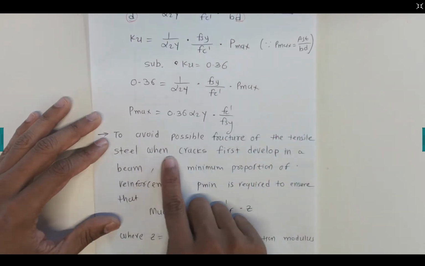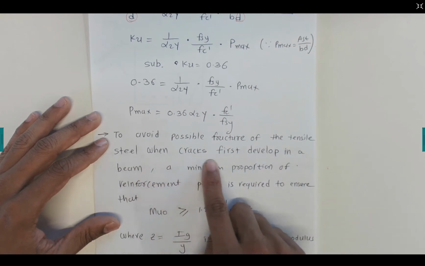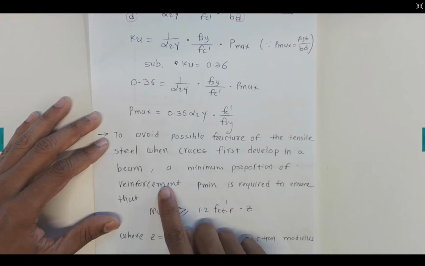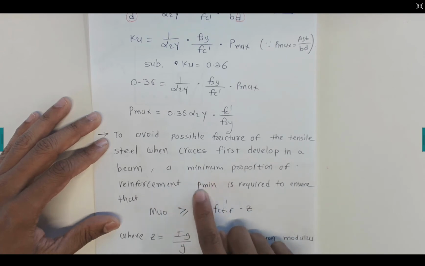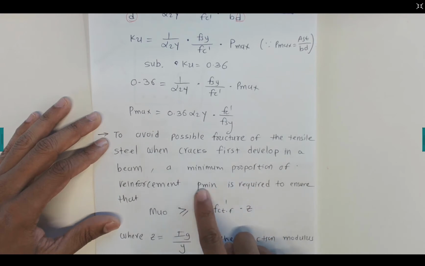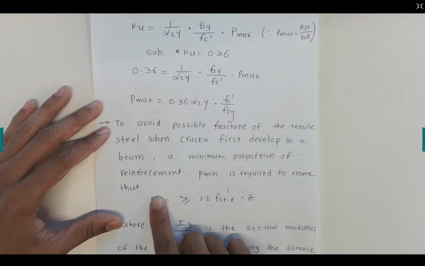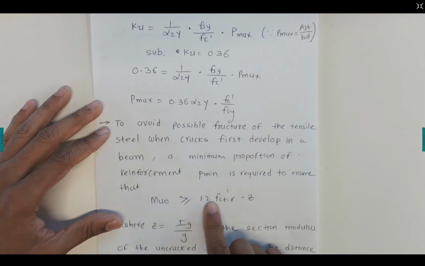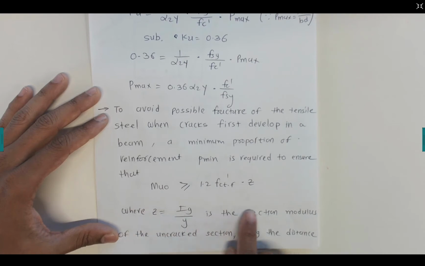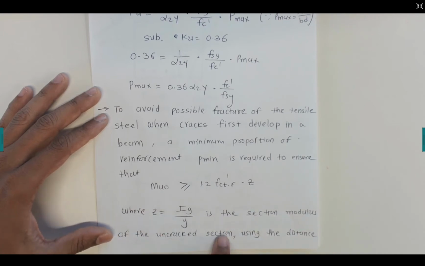Now to avoid possible fracture of the tensile steel when the crack first develops in the beam, a minimum proportion of reinforcement is needed. We need to know p minimum as well, like we know p maximum. What minimum reinforcement ratio is required to ensure that Muo is greater than 1.5 f'ct Z? Z is the section modulus of the uncracked section, which is the moment of inertia over the centroid distance y.